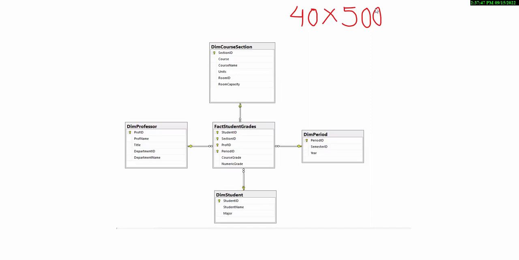And then how many periods are we talking about? Each section is the same as professor, so we don't have multiple professors. So having sections is the same as how many professors there are. Let's talk about the period, how many periods we have over time. Over 10 years, we are going to have 30 periods.